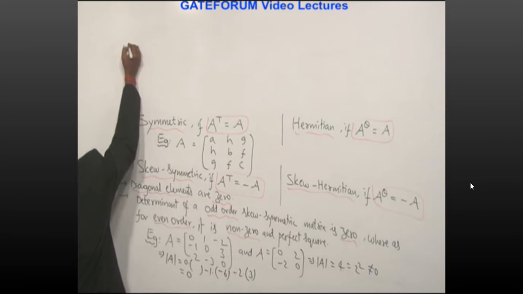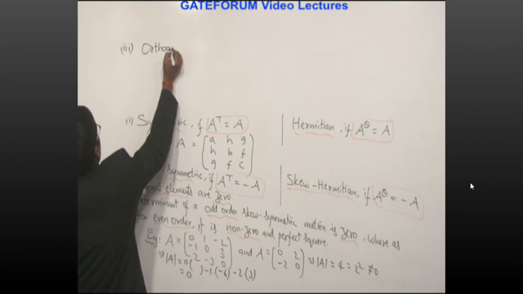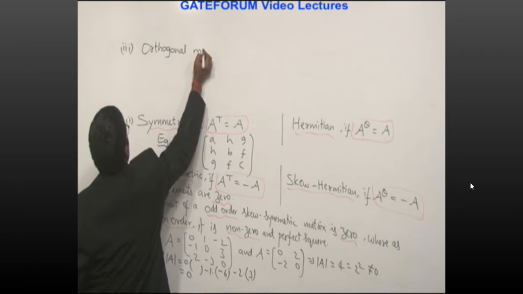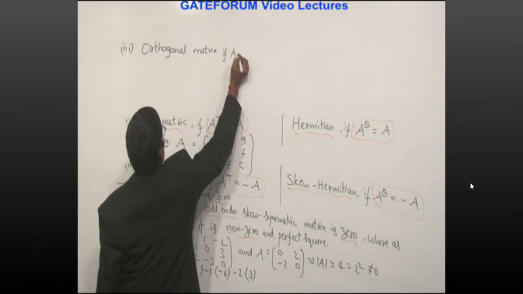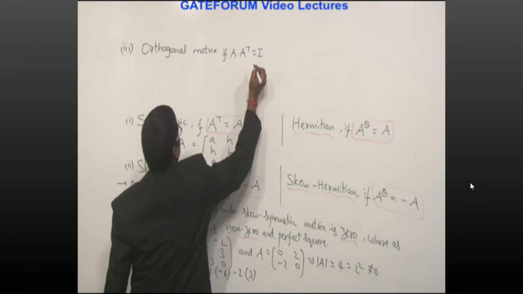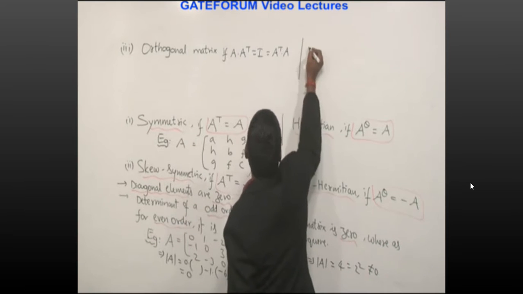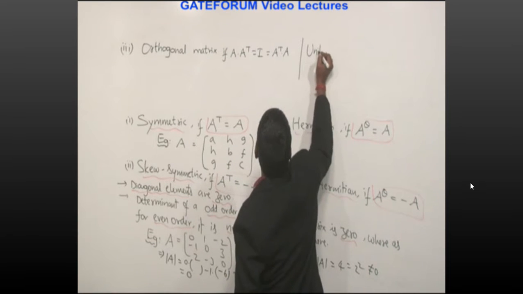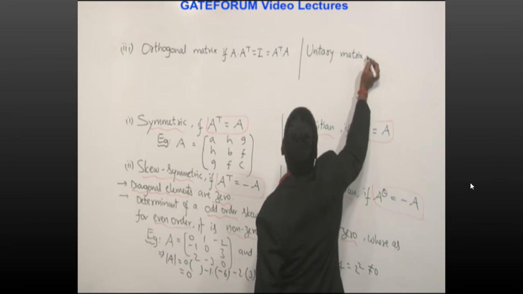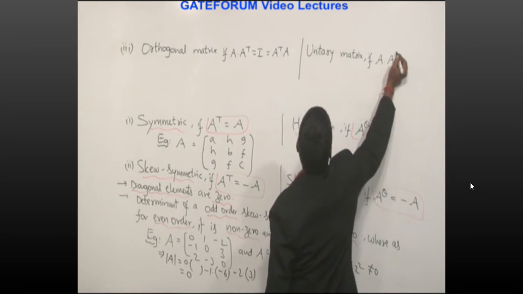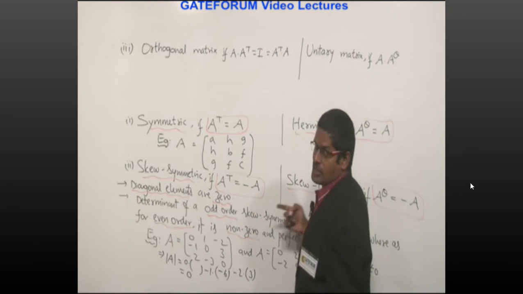In this third one, orthogonal matrix, if A into A transpose is equal to I is equal to A transpose into A. On the other hand, unitary matrix, if A into, just in all the first side transpose, in the other side, alternative side, theta.